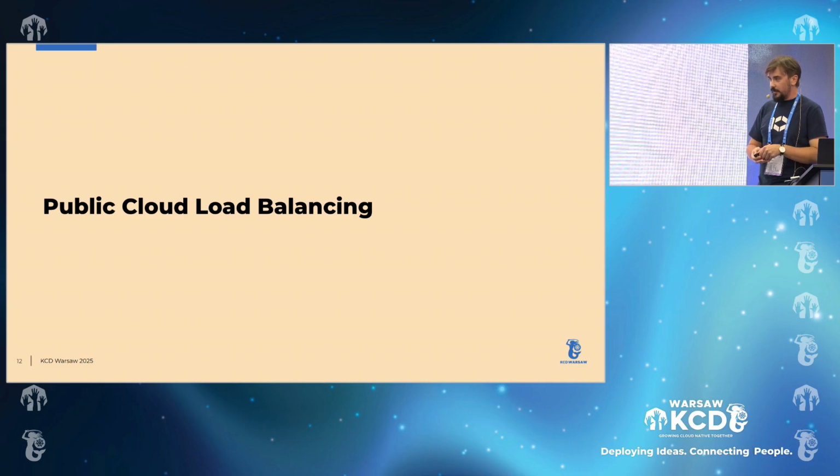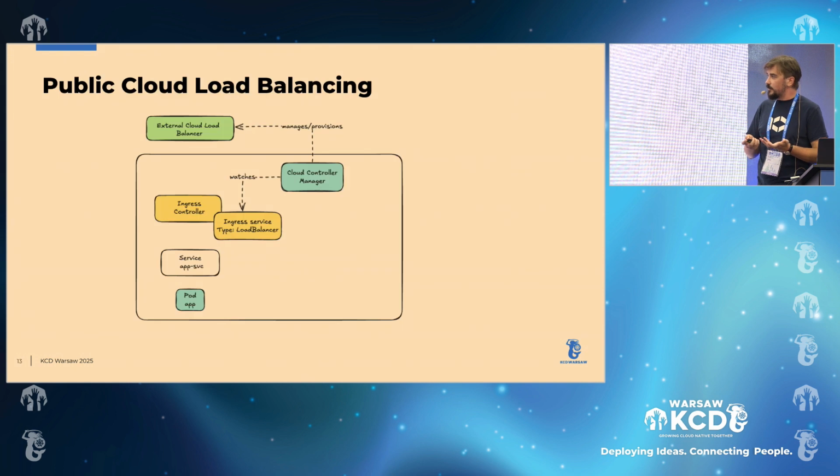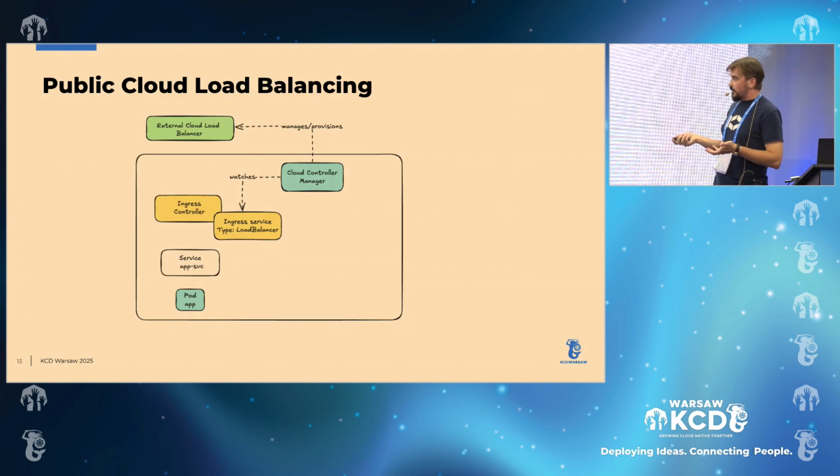We can also have separate clusters for getting traffic into our user clusters. But everything works right there, so there is no need for the solution we're going to build. Like I said, in our Kubernetes cluster we probably have things like a cloud controller manager, which watches for either ingress or Gateway API CRDs like gateways and HTTP routes, and it just manages and provisions an external cloud load balancer.